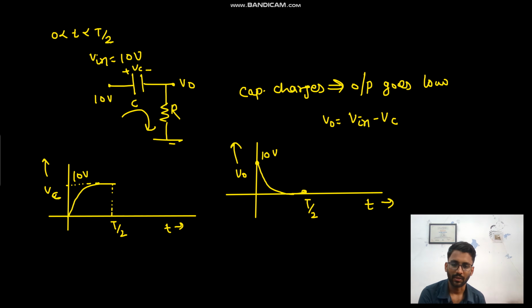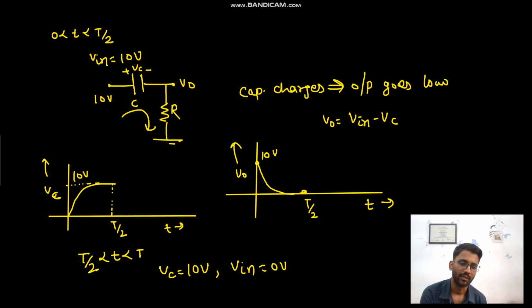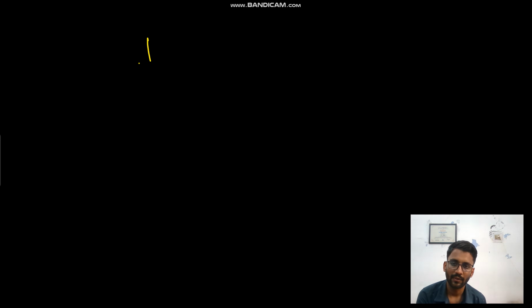Now for T by 2 to T time, your VC value is 10 volt. Your V in is 0 volt. This V in is 0 and the capacitor was getting charged in this direction. If we had V in here, then it was getting charged in this direction.